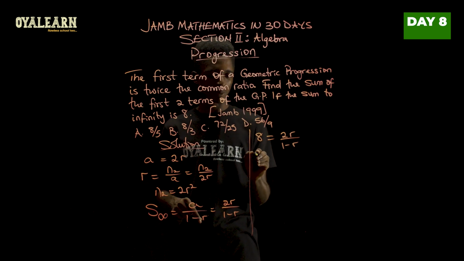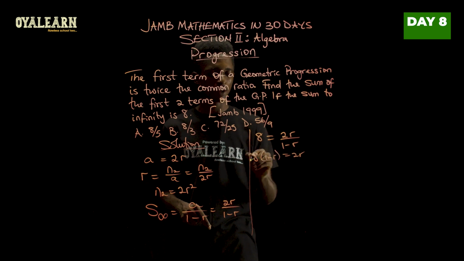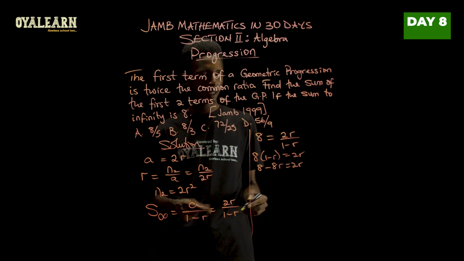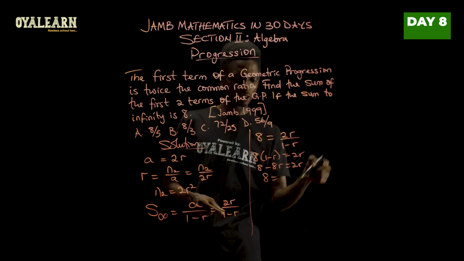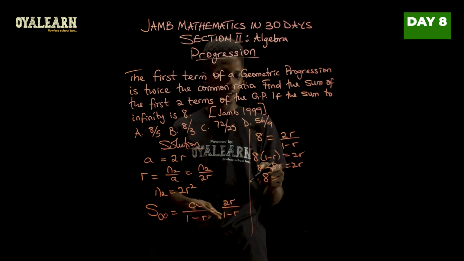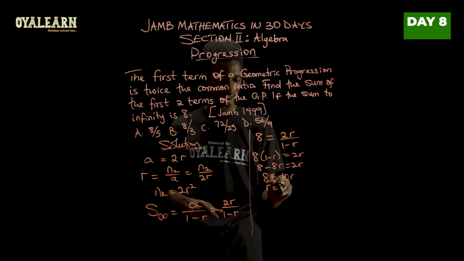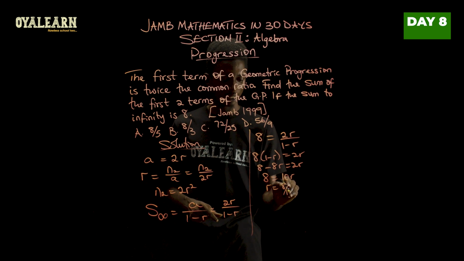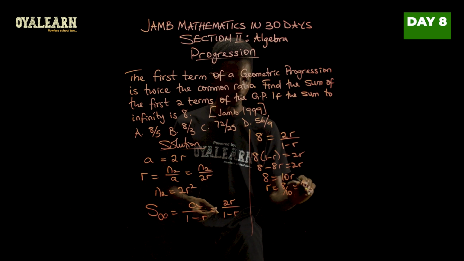And then when we cross multiply, we would have 8 into 1 minus R equals 2R. And this means we'll have 8 minus 8R equals 2R. Now collecting like terms, 8 equals, now this coming here will become plus 8R. Plus 8R plus 2R will give us 10R, which implies that R is 8 over 10, which is the same thing as 4 over 5.